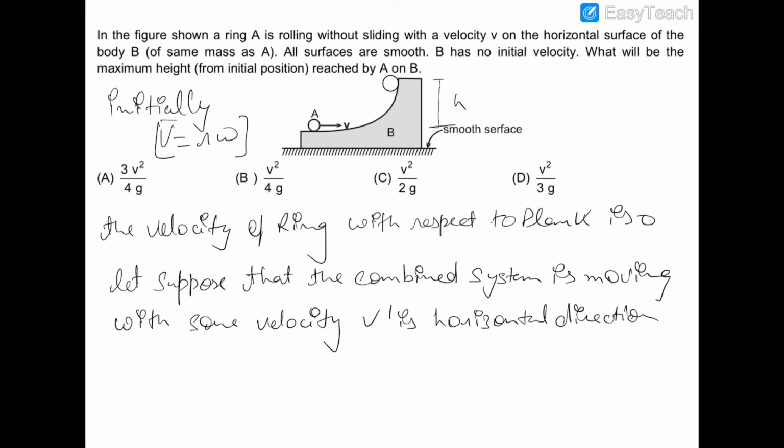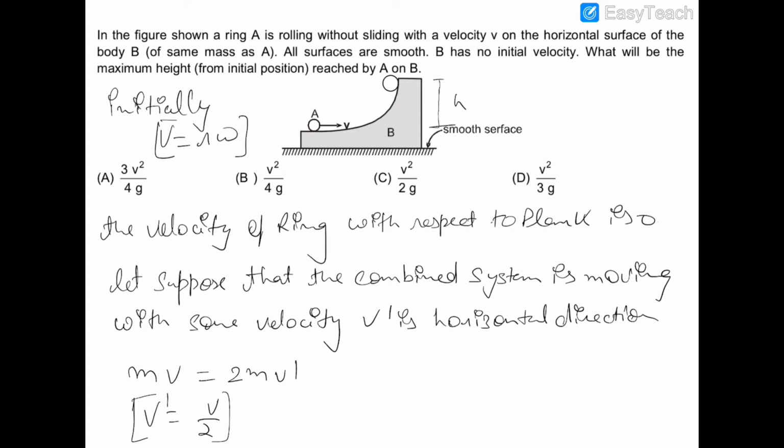We know that the momentum of the system would be conserved because there is no external force acting on the system. So mv is the initial momentum of the ring, and that would be equal to 2m v dash. So v dash would be v by 2. This is the velocity of the system finally.